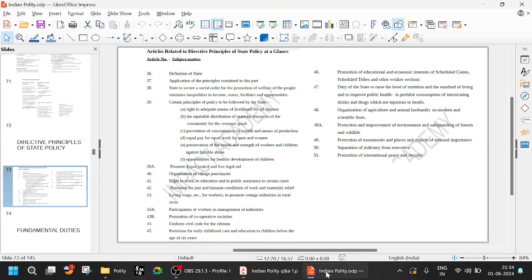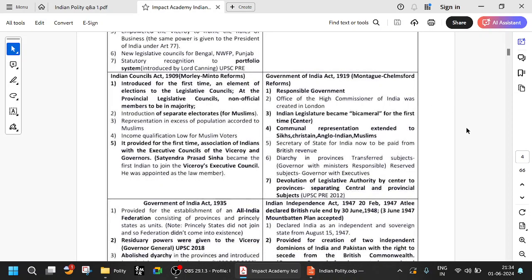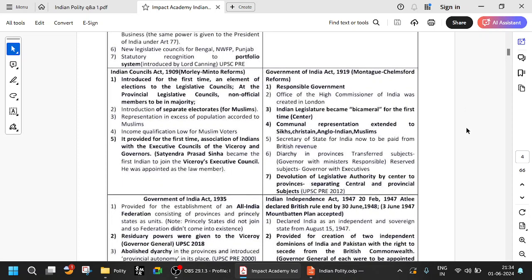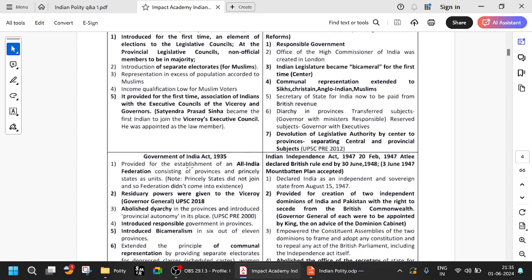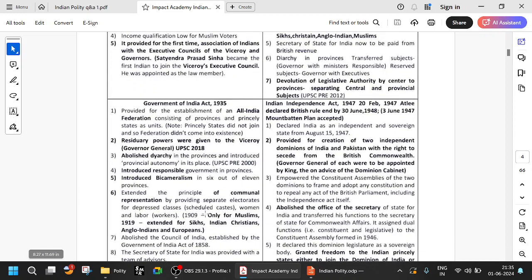We have already seen 1935. Okay, in 1919 bicameralism was introduced and it was further extended to 6 out of 11 provinces in GOI 1935. In 1919, diarchy was established in provinces. Here, diarchy was abolished in provinces and diarchy was introduced in the center.